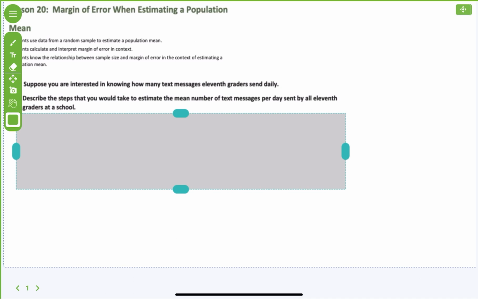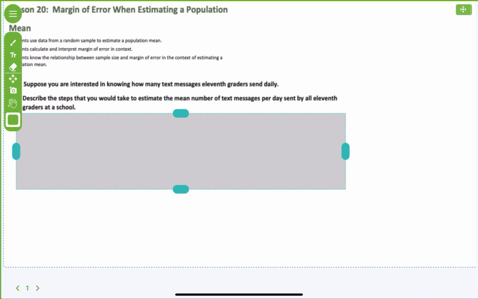So what we would do is, if we could not get everybody, we would just do random samples of the students. Okay. So what you would need to do is find a list of all the 11th graders and assign them numbers, and then use a random number generator.